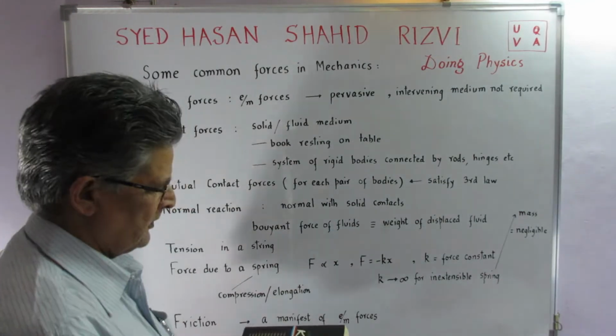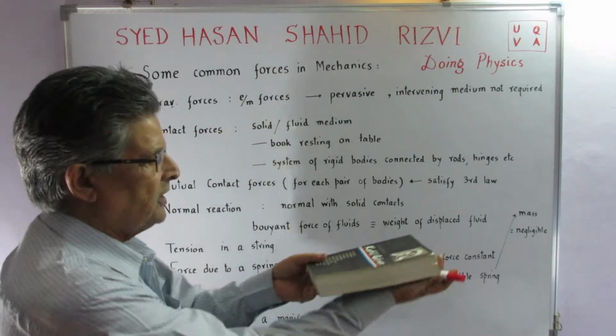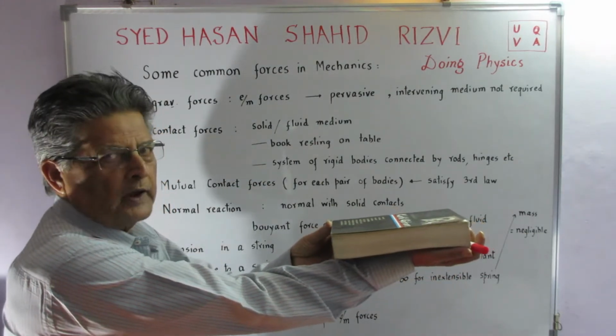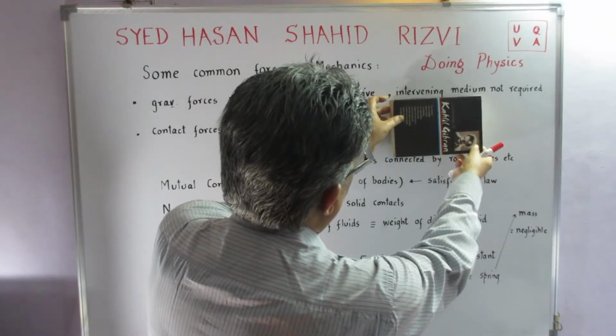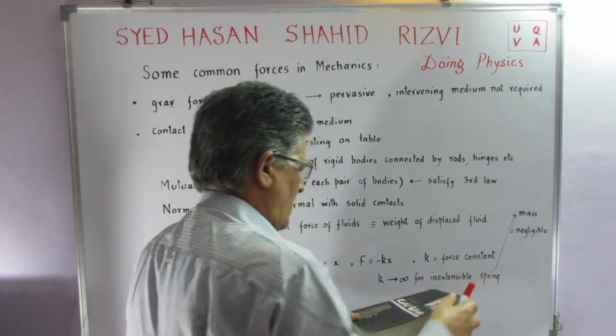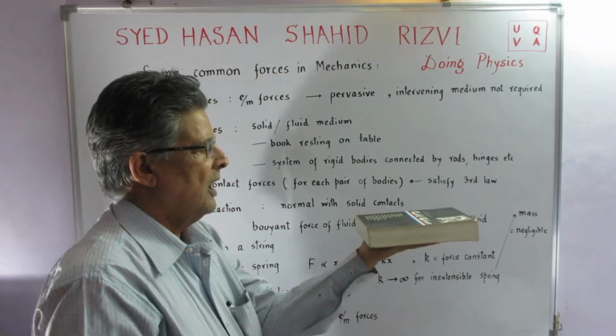book resting on a table. Okay, this could be here. I am just showing it to you that if this is the table and then this book is resting on the table.